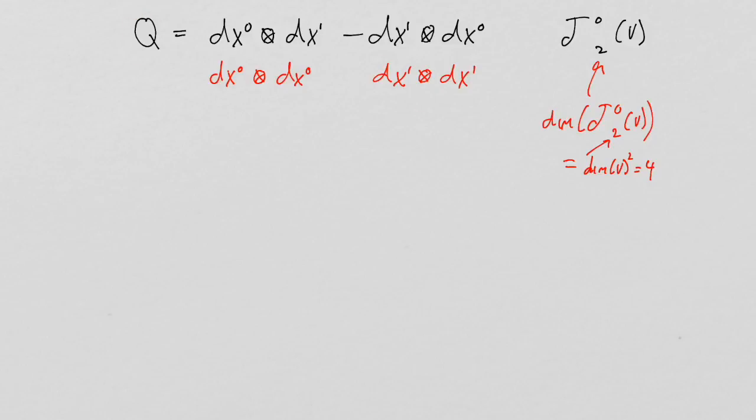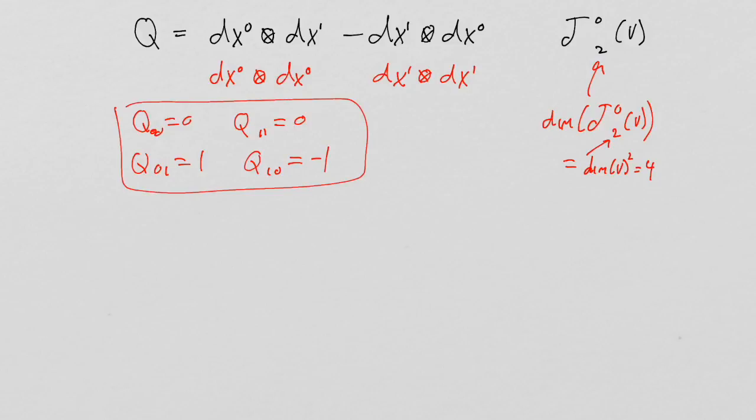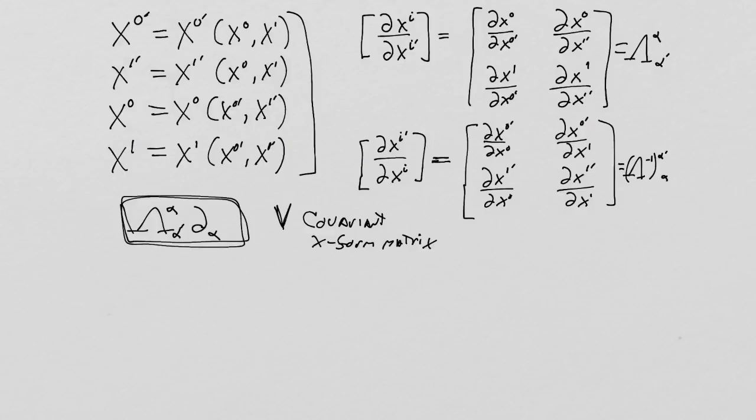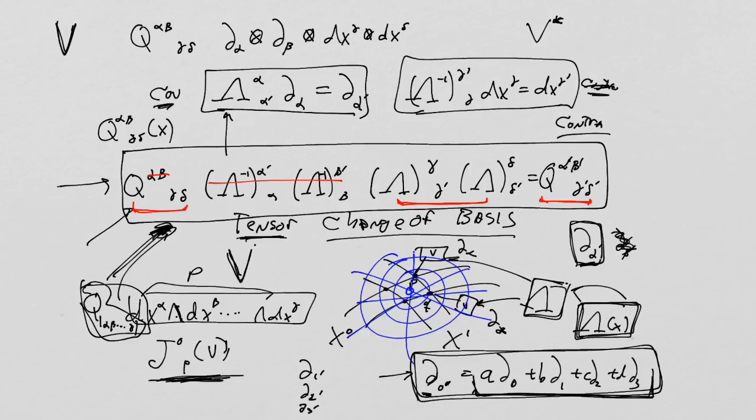That's just saying that Q00 equals 0, Q11 equals 0, Q01 equals 1, and Q10 equals minus 1. That's our tensor, and these are the 4 components of that tensor, which is an element of this tensor product space. So we can transform this using the regular rule right here.